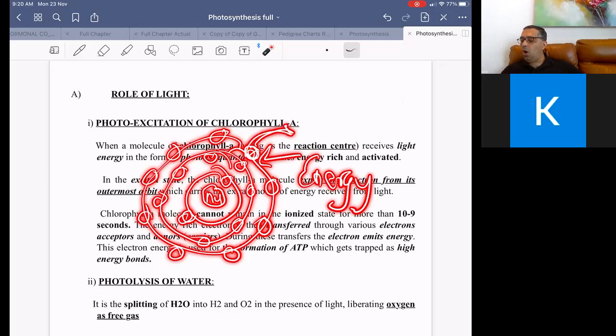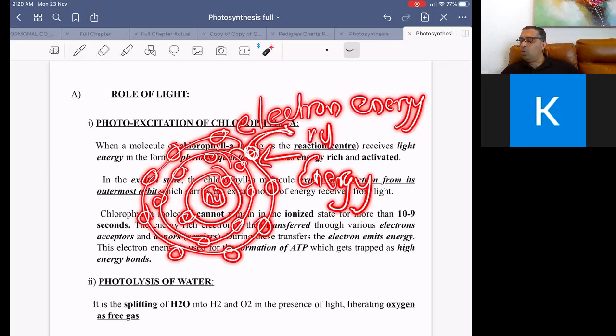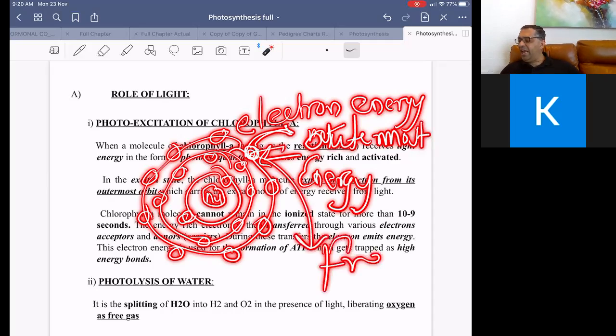So the electron with energy jumps from the outermost orbit, and as it jumps, this electron becomes a free electron, a free electron with excitation energy.